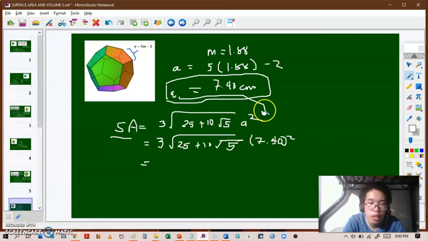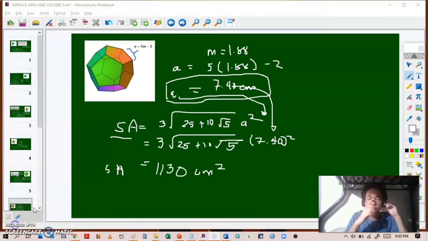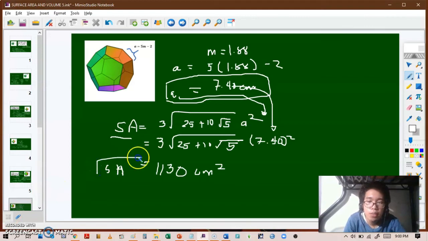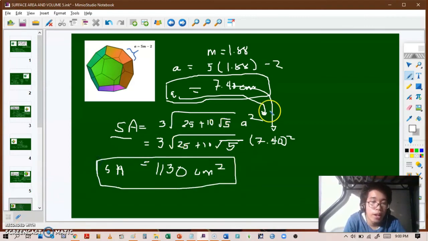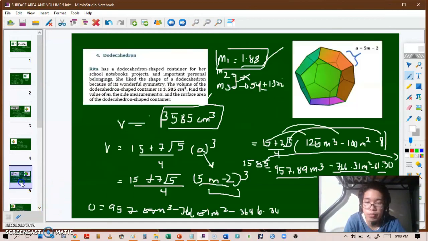We simply input 7.40 here and square it, and the value of the surface area of this dodecahedron container is 1130 centimeters squared. So that's how we solve it, by substituting the value of a in our problem.